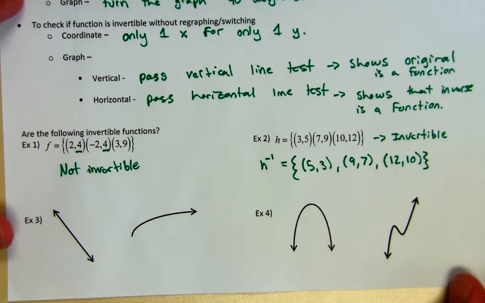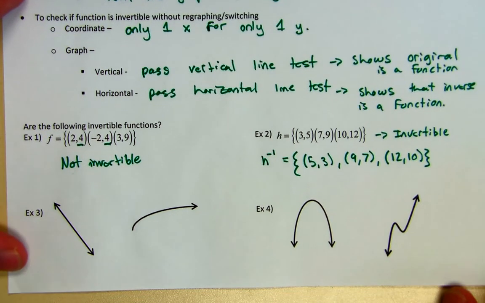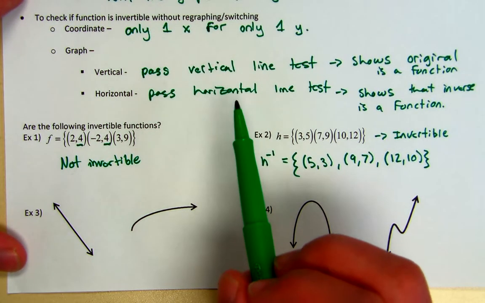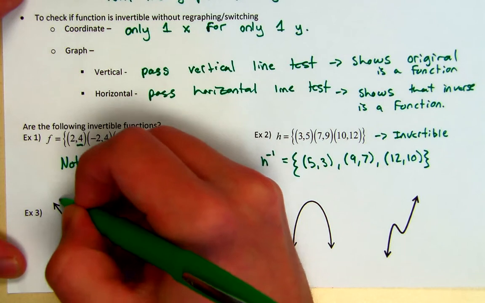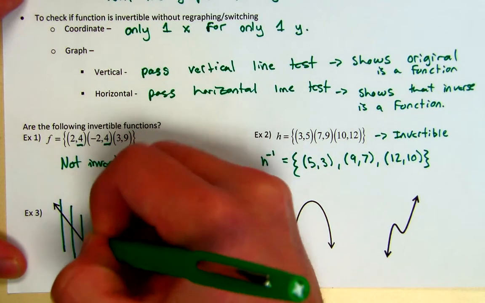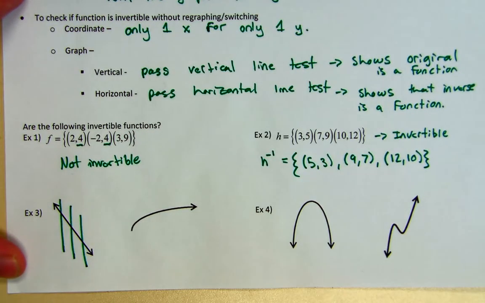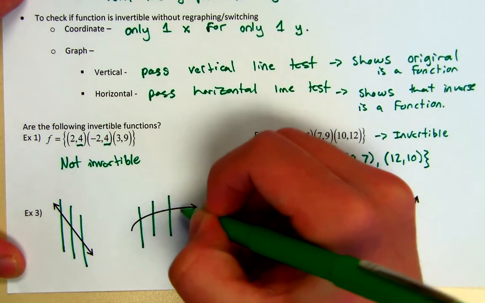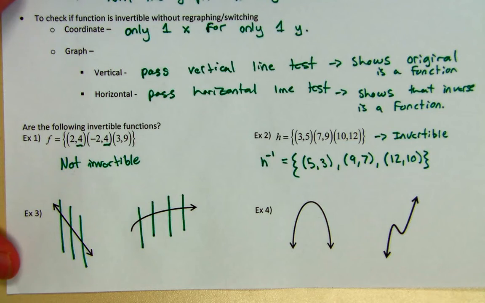Example 3. Now we're looking at a graph. So remember, we have to look at the vertical line test and the horizontal line test. If I pass vertical lines through this graph, no matter what, it's only going to hit it once. Same thing over here. Now I need to test if the horizontal line test works.